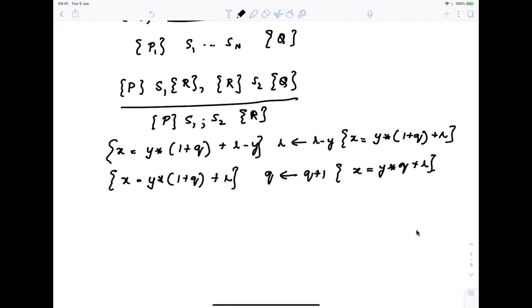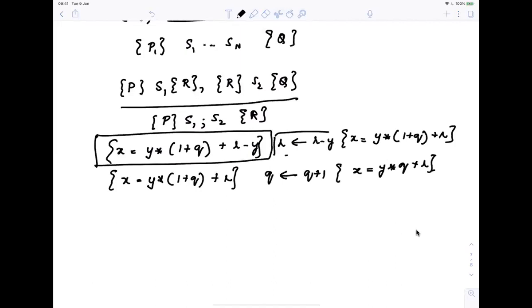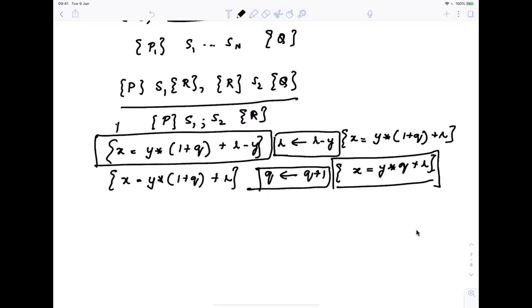We can generalize this. So what do we do? We started out with this precondition. We executed this statement and also this statement, and this led us to this assertion. This is P here and this is Q here.